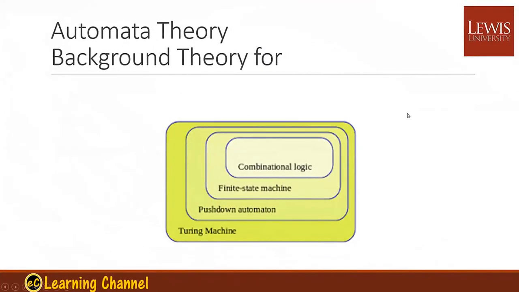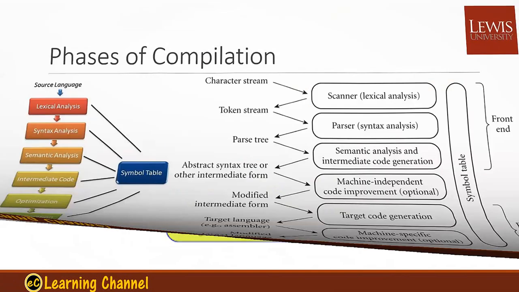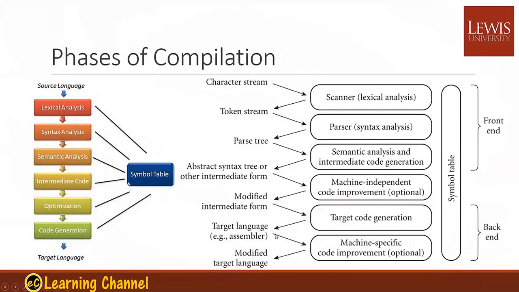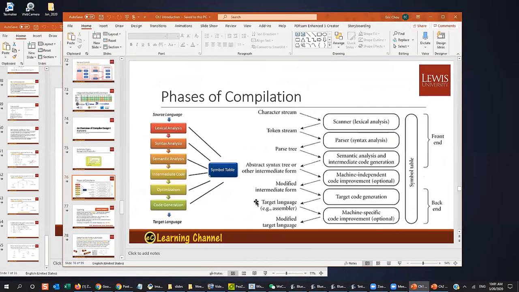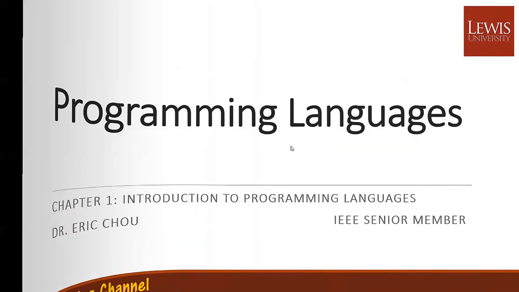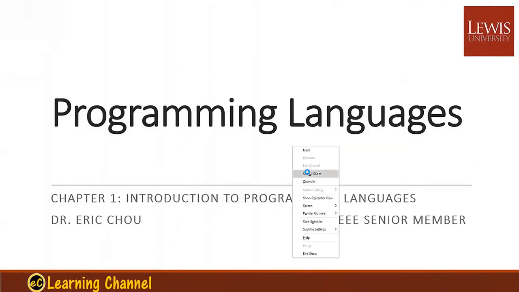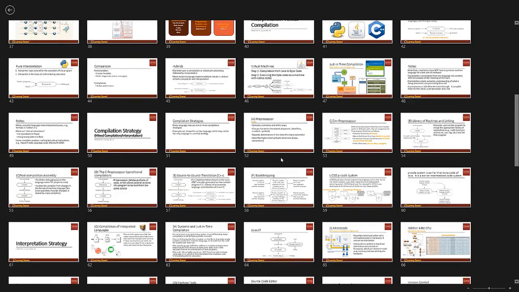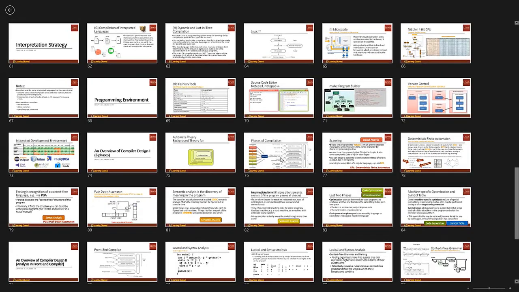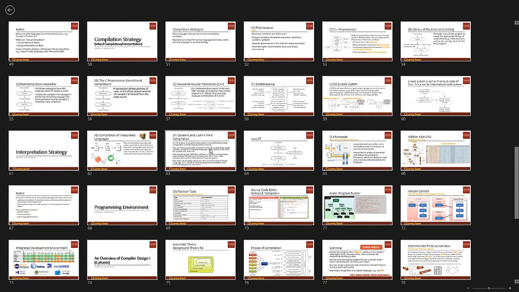First, the theory: automata theory and background theory. We talk about combinational logic, finite state machine, pushdown automata, and Turing machine. So let's go back to that portion. Last time we probably talked about it a little bit, but I may have skipped something in the middle.